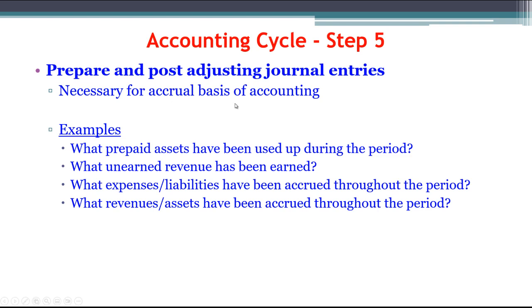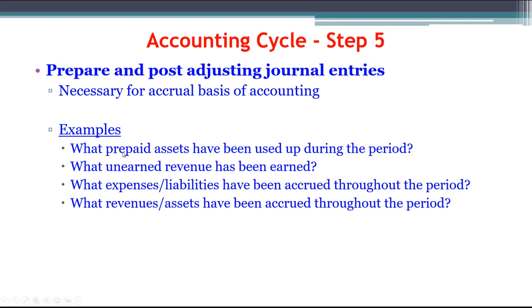A lot of original journal entries are recorded essentially on the cash basis because we've paid the cash, we've received the cash, we need to record something at that time. The whole point of the adjusting journal entries is to take that cash basis and convert it to the accrual basis of accounting. Revenues are only recorded when they're earned, expenses are only recorded when they're incurred.